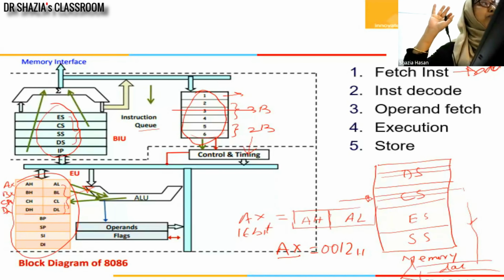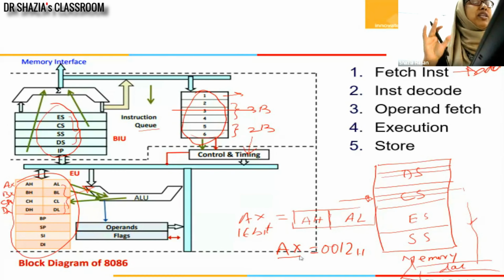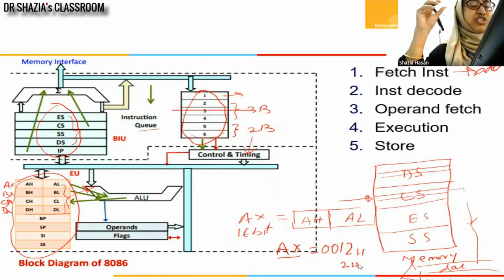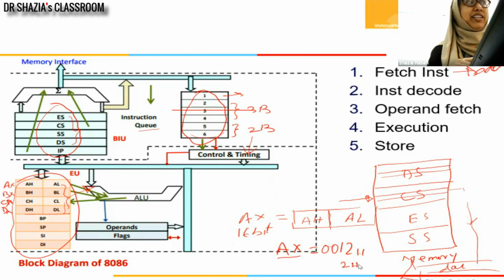The processor will understand it is 16-bit data. Even if you write only 2H, AX equals 2H, it will pad with zeros, making AX 0002H. It will be treated everywhere by the processor as 16-bit data, not 4-bit data or 8-bit data or any other size.